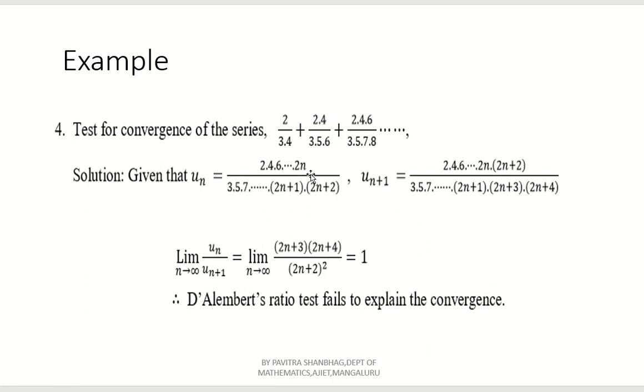Then 2 into 4 into 6 up to 2n into 2n plus 2, because n replaced by n plus 1, right? Now, again similarly here, you have to write the same, 2n plus 1 into 2n plus, sorry, it should be 3. It should be 2n plus 3. Next term, n replaced by n plus 1 means 2n plus 4 you will get.